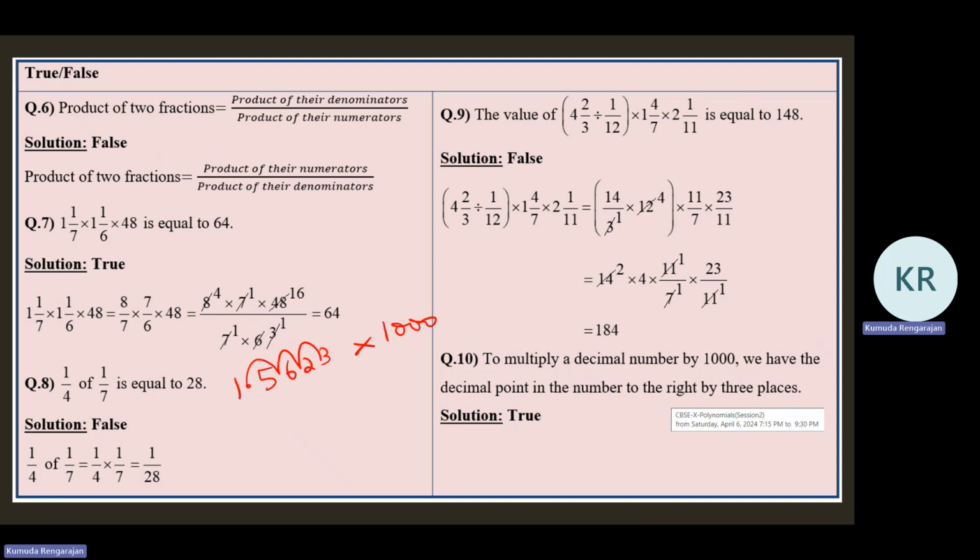You will move the decimal point to the right by 3 places because 1000 has 3 zeros. That's true. When you multiply a number by 1000, you move the decimal point to the right by 3 places. True.